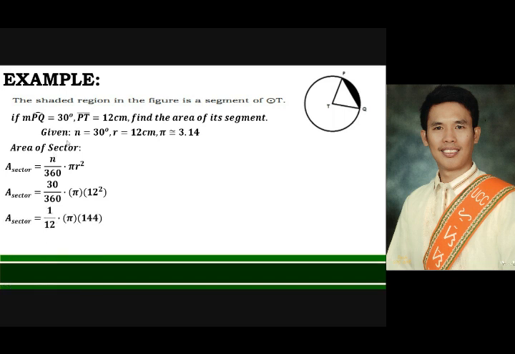So, we have 1 over 12 times pi times 144. The area of our sector is 12 pi centimeter squared.